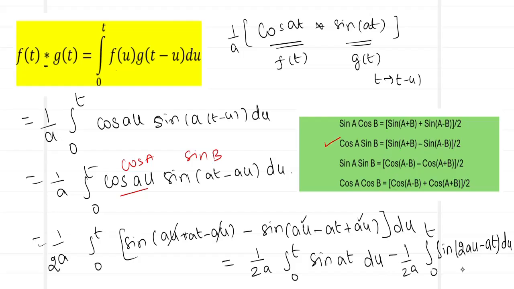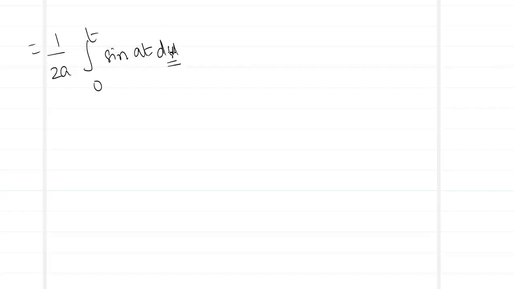Now we have two integrations which have to be evaluated. The first integration is 1 by 2a integral from 0 to t sine of at into du. Now you can see the integration is carried out with respect to which variable? u. But over here, this quantity doesn't contain a u, which means this sine at is treated like a constant.